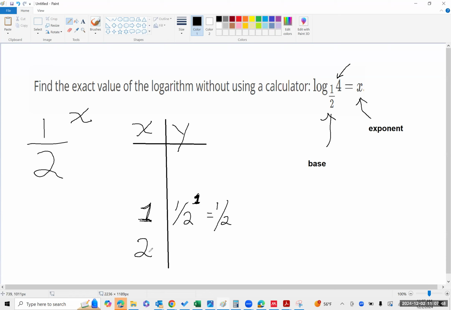Now I'm going to go to 2. This is 1/2 to the 2 power. Of course, these are the same. Now, what's 1/2 to the 2 power? It's 1/2 times 1/2, which is a quarter.